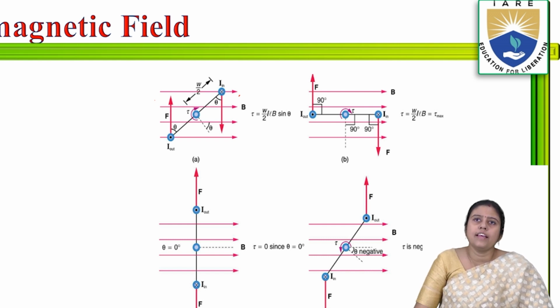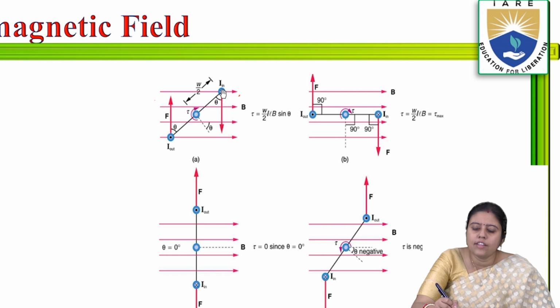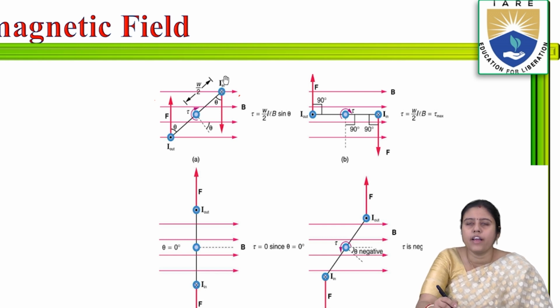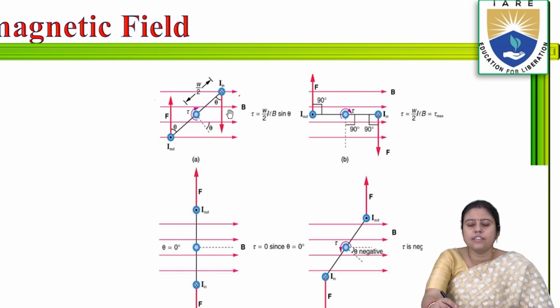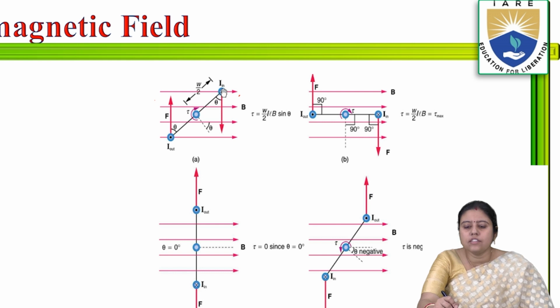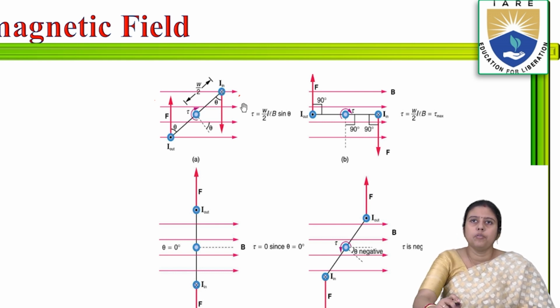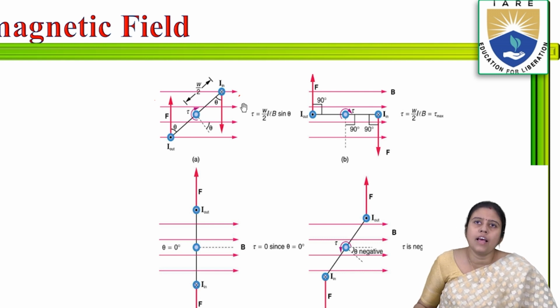We are assuming the total length of this coil is L, and the distance of the coil from the two ends is W, and the length is given as L.